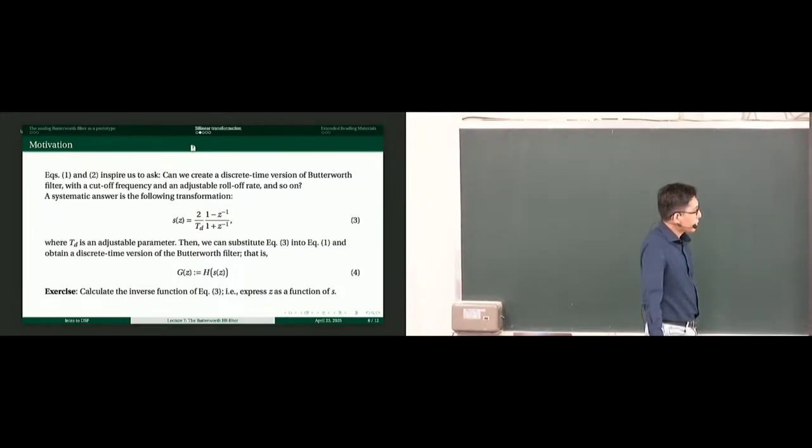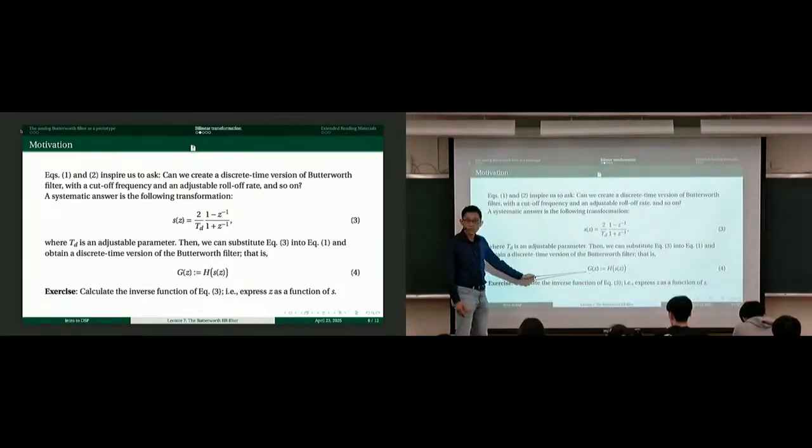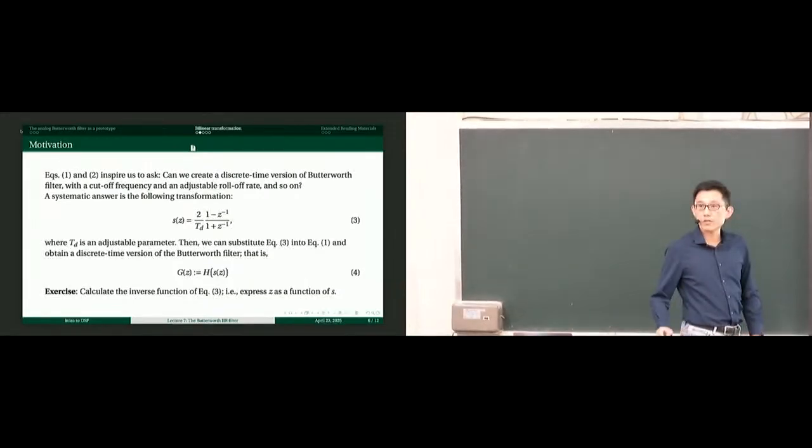With this transformation, we can go from analog to digital using this equation. Let's say H is the prototype, a function of S, so H is in the S domain.